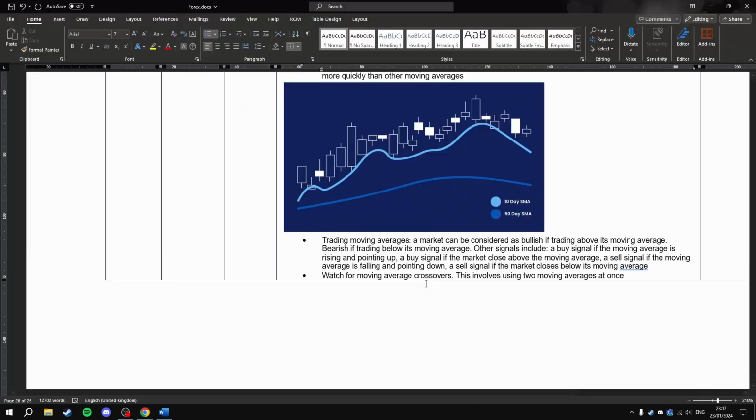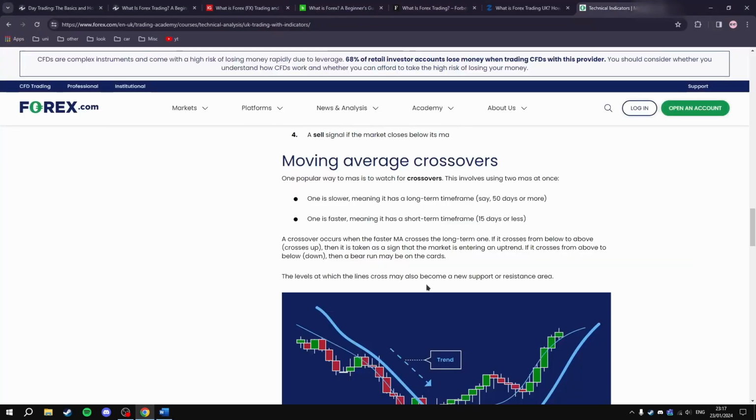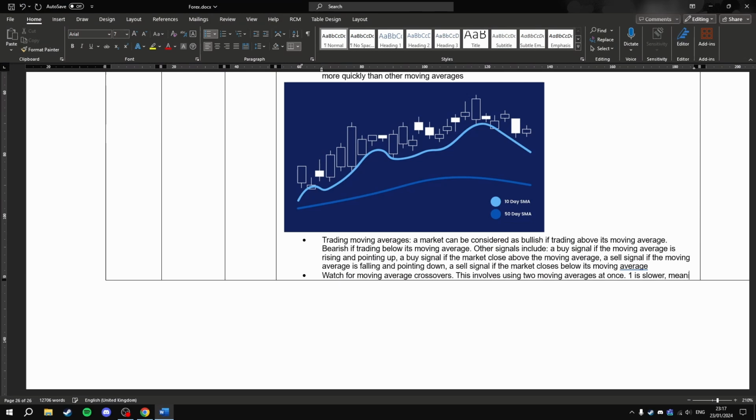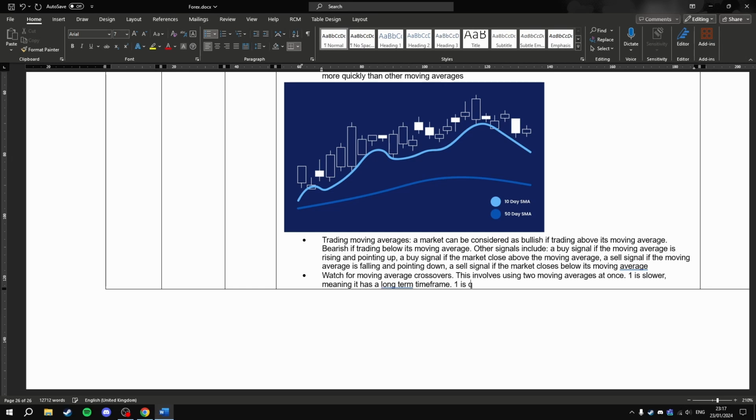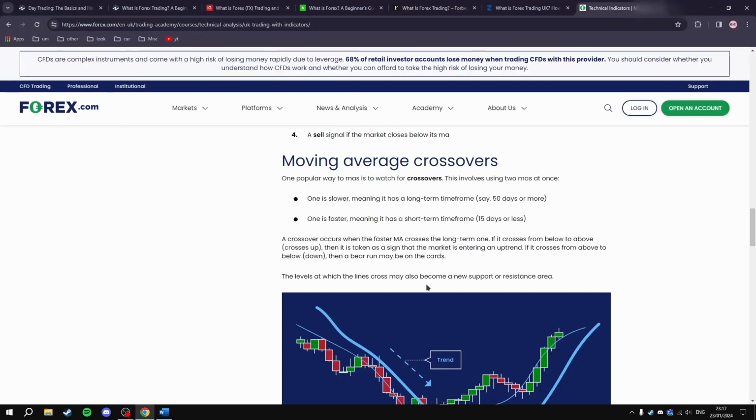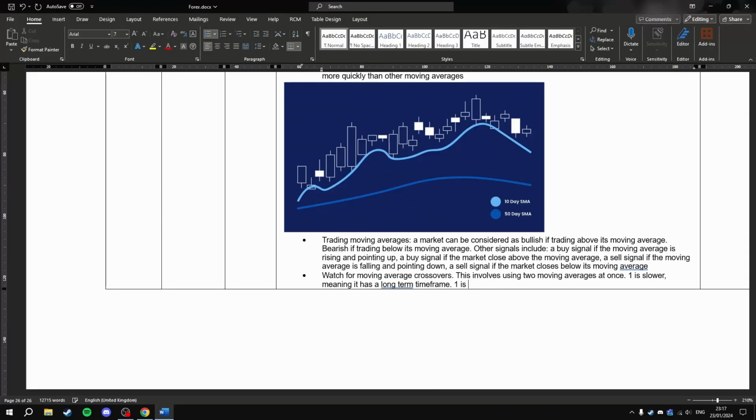One is slower, meaning it has a long-term time frame. One is quicker, faster, meaning it has a shorter term time frame.